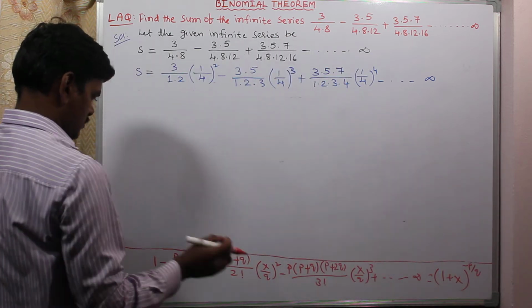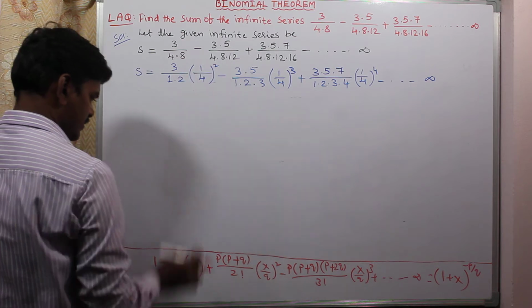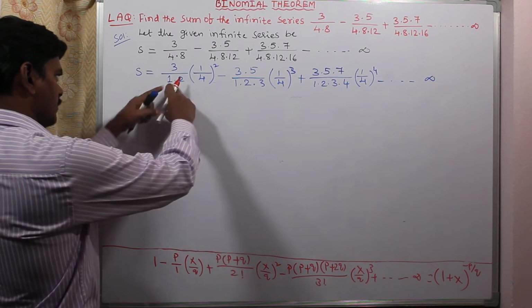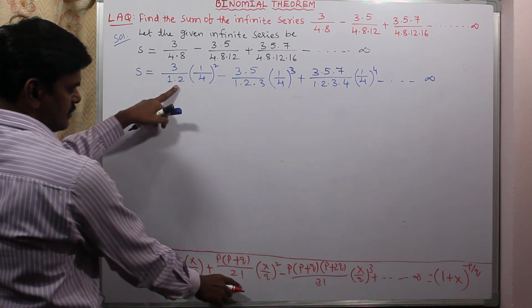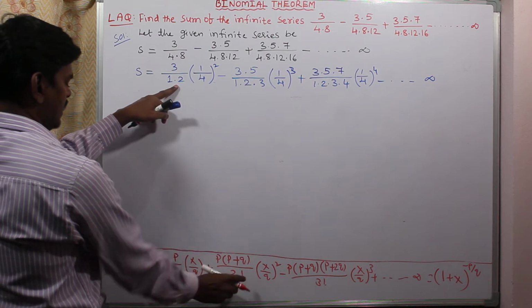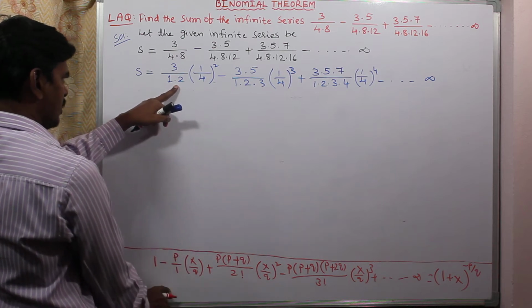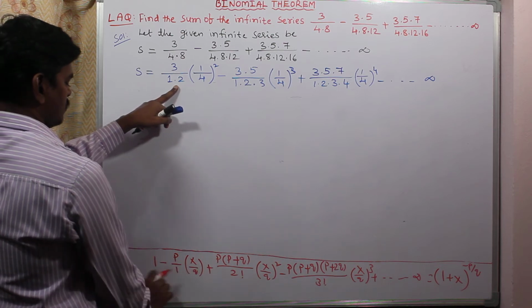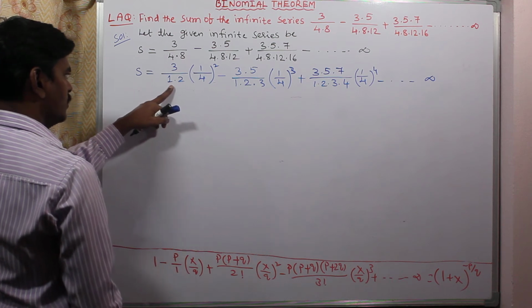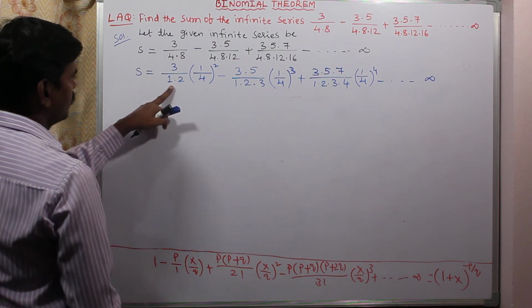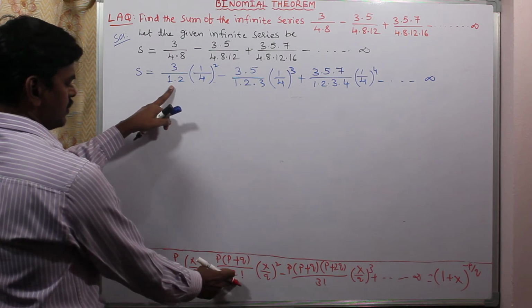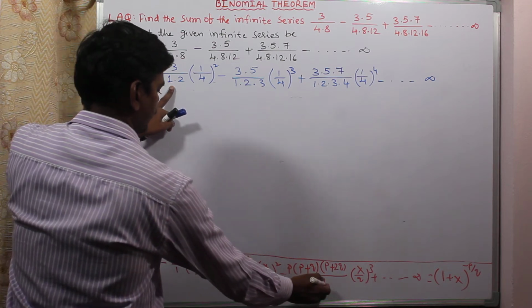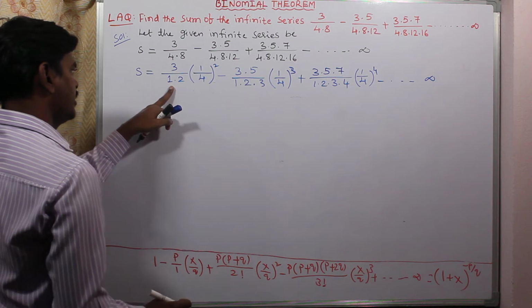Now compare. If you compare the given series with this formula, you see 1 into 2 is nothing but 2 factorial. So clearly we can say that the first two terms are missing, because the series has started with the third term. Also, one important thing you have to notice: corresponding to 2 factorial we have a product of 2 terms in the numerator, and corresponding to 3 factorial we have a product of 3 numbers in the numerator.